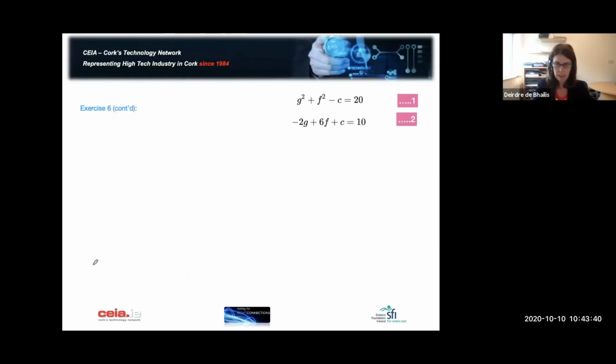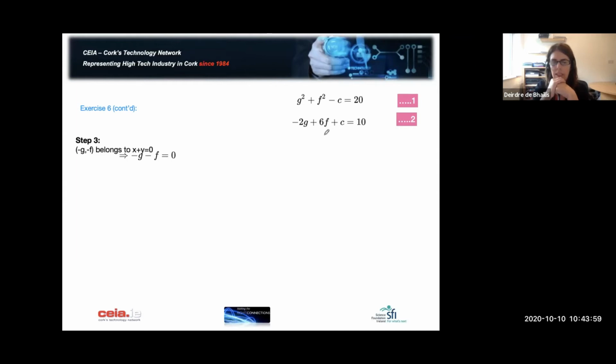Now I've just taken both of those and written them up here, so we have them for easy reference on this slide. The third step then is we are told that the center belongs to the line x plus y equals 0.